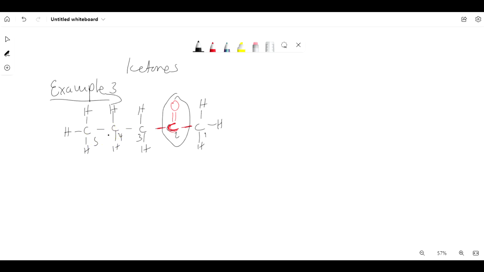Okay, so now if you check our parent chain, 1, 2, 3, 4, 5, it's a pentane. Okay, but now we have a ketone, so it's a pentanone. And the position of the ketone functional group is on number 2.